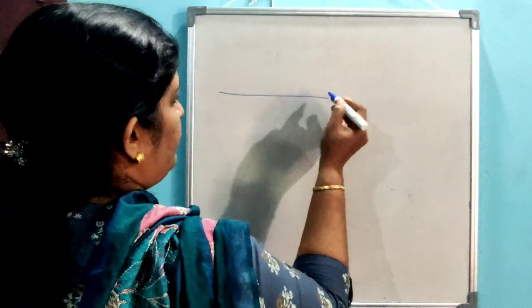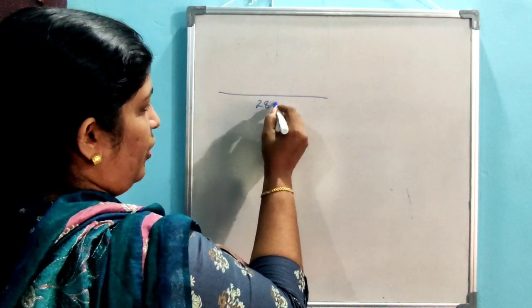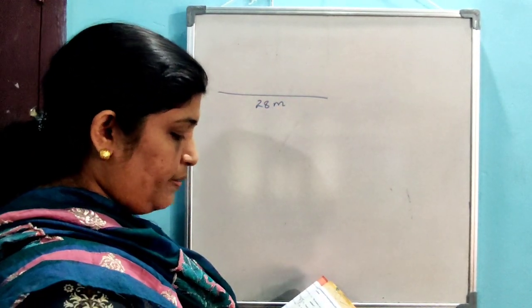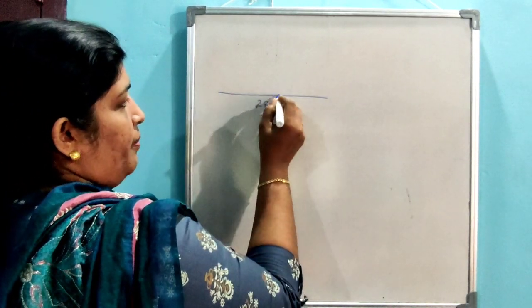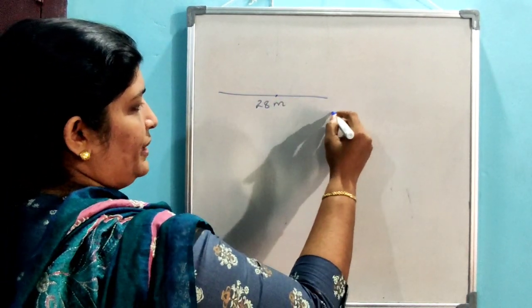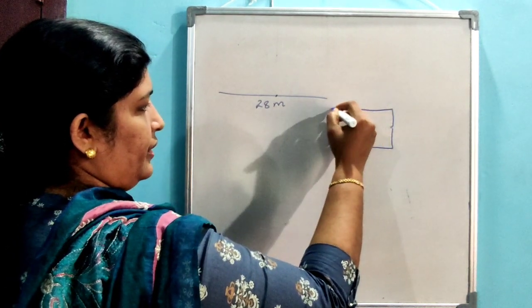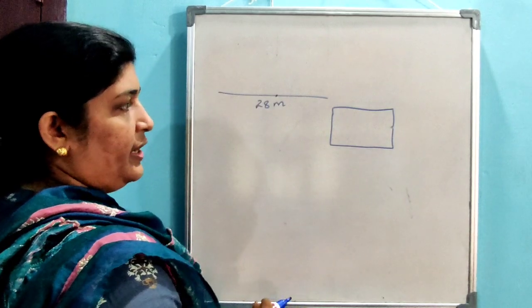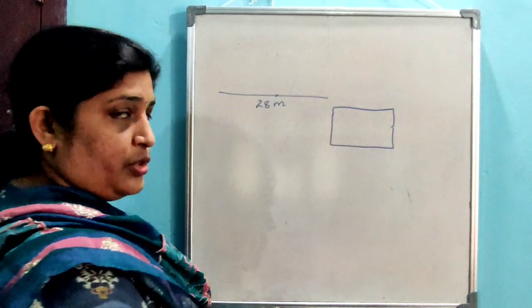So here, a road of 28 meter long. This road is bent to make a rectangle. First bend like this, then we get a rectangle like this. Then what is this 28 meter actually?